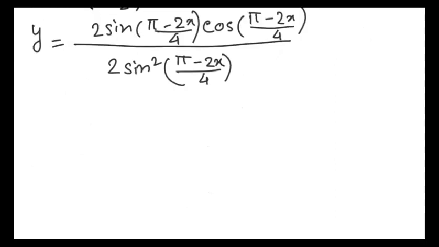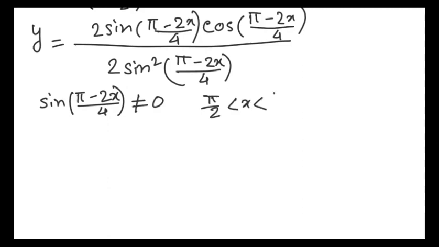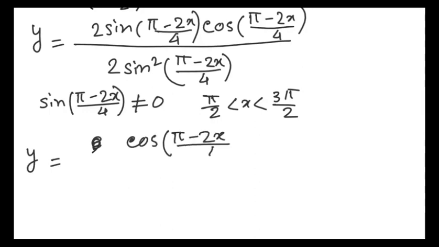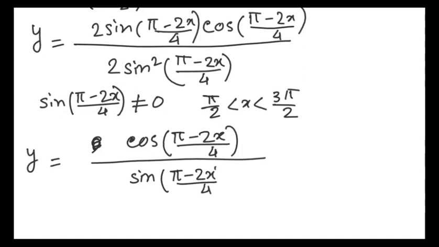Now we will divide the numerator and denominator by sin of (pi minus 2x) by 4. We can do this because sin of (pi minus 2x) by 4 is not equal to 0 in the given interval. So our y becomes, 2 will also get cancelled out, cos of (pi minus 2x) by 4 divided by sin of (pi minus 2x) by 4.